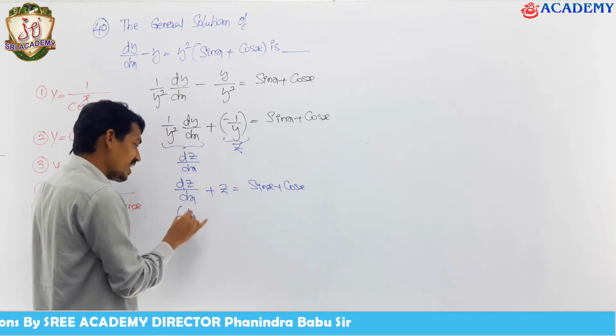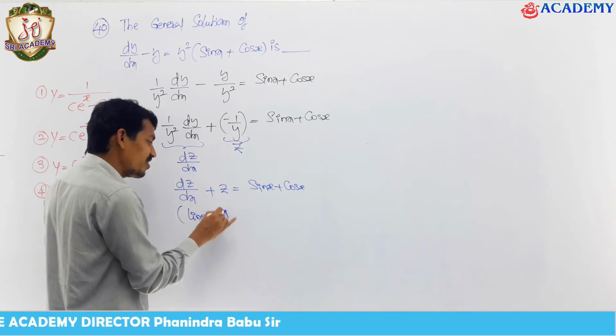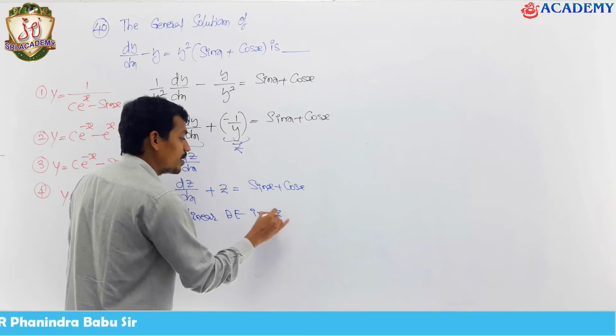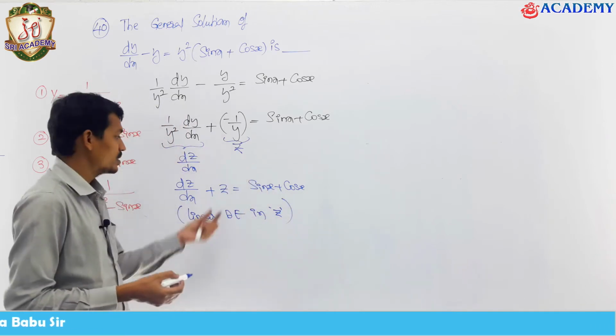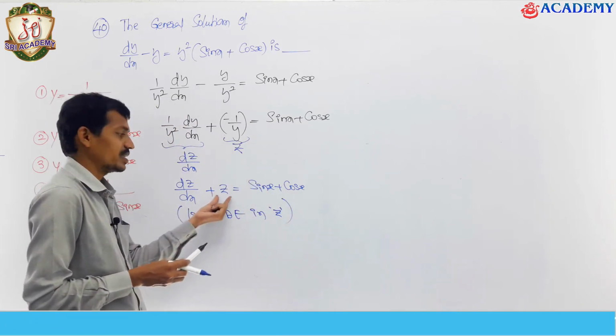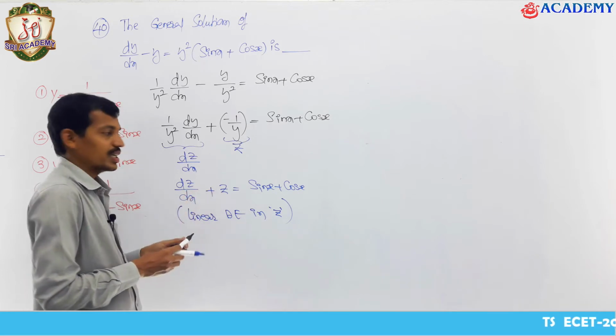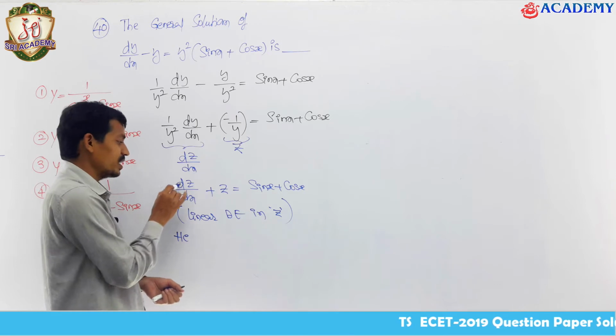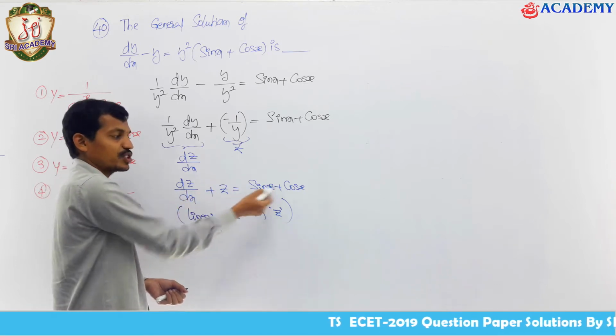Now this is a linear differential equation in variable z. This is a linear differential equation in z, and indirectly it also has p here. We can write dz by dx plus pz equals q.